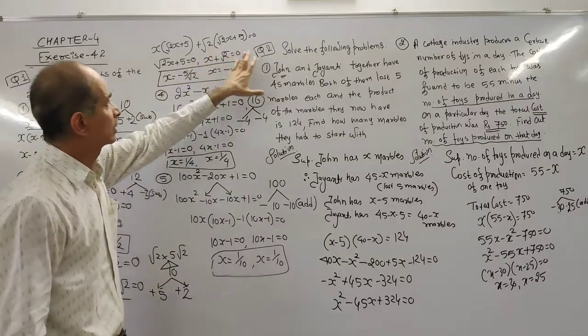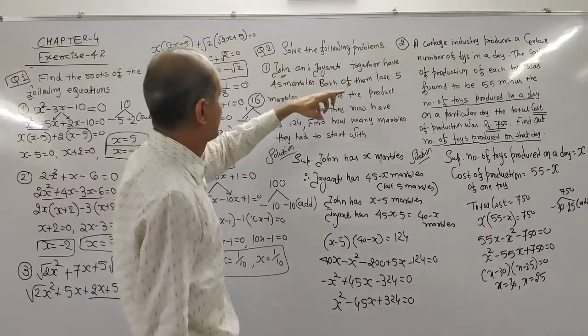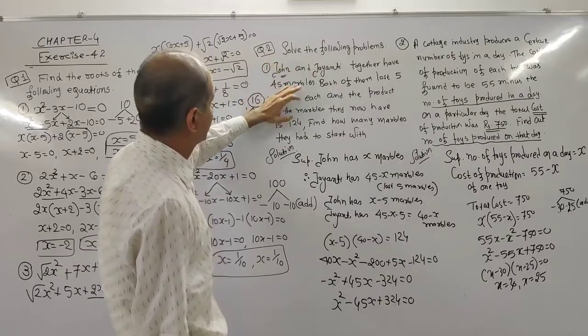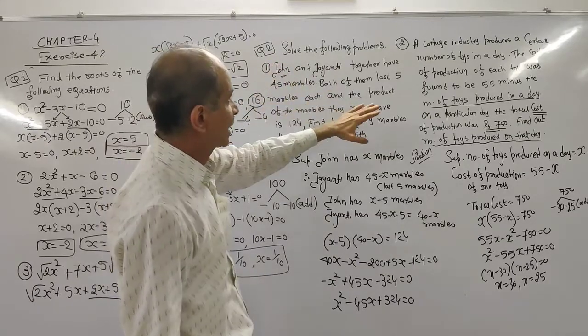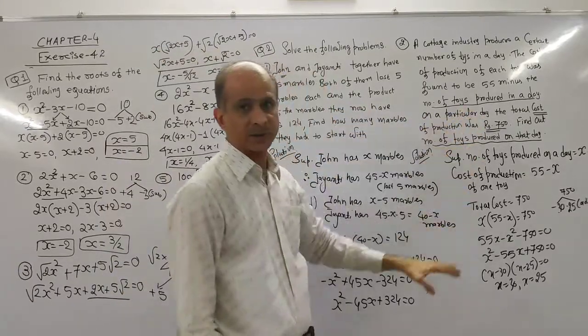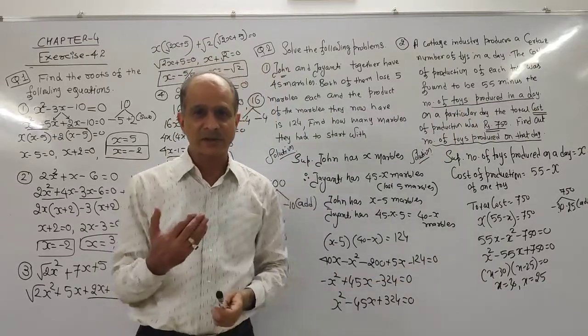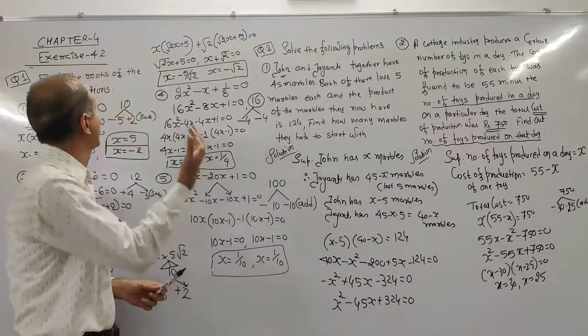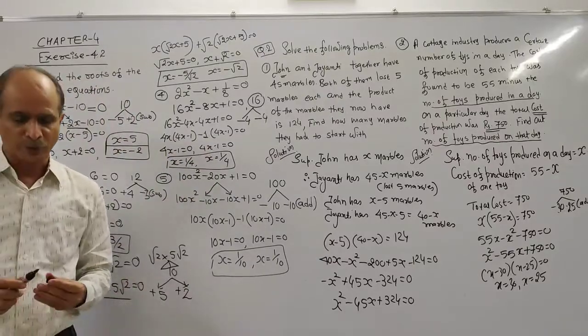And then we have solved question number 2, first and second example problem sums: the one related to marbles, and the second one the cost of a product.